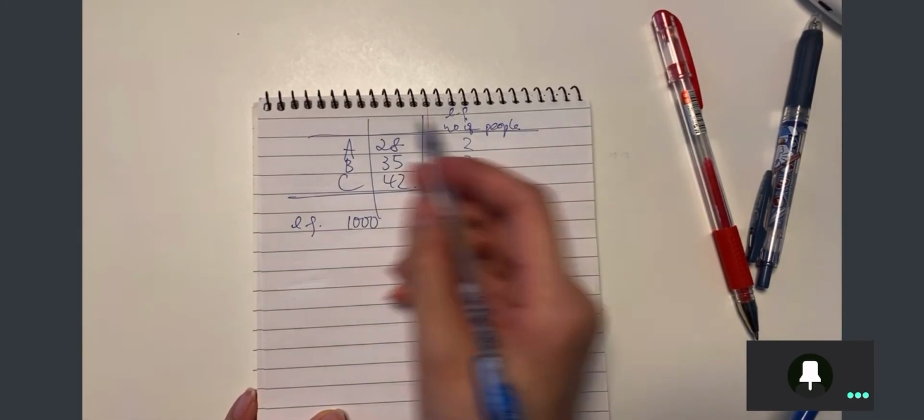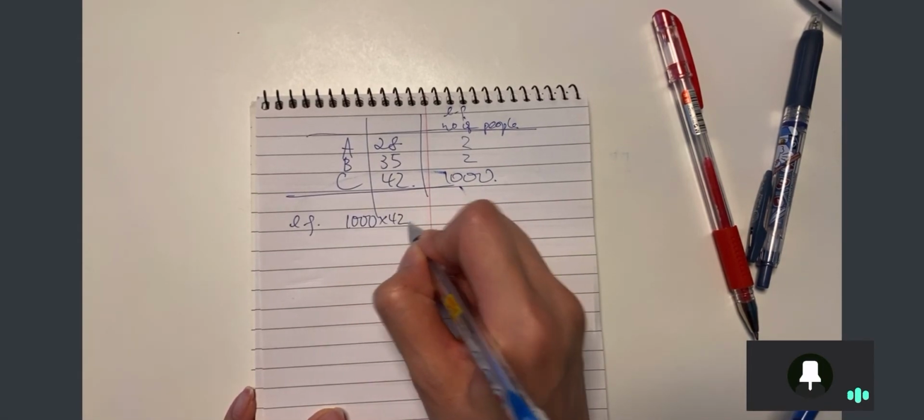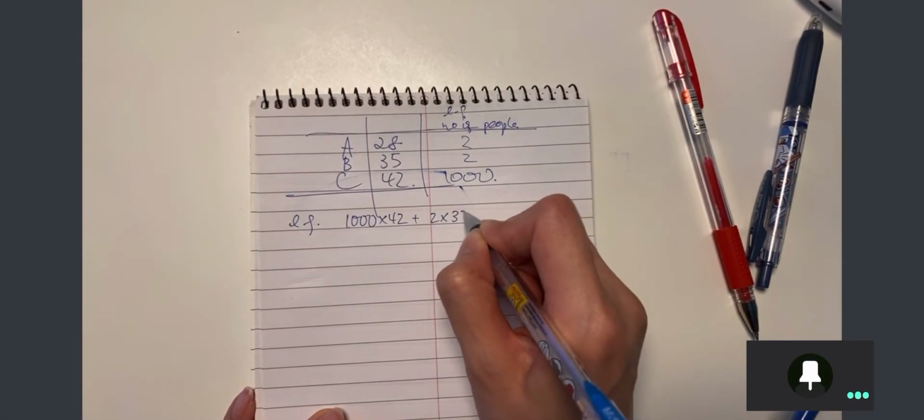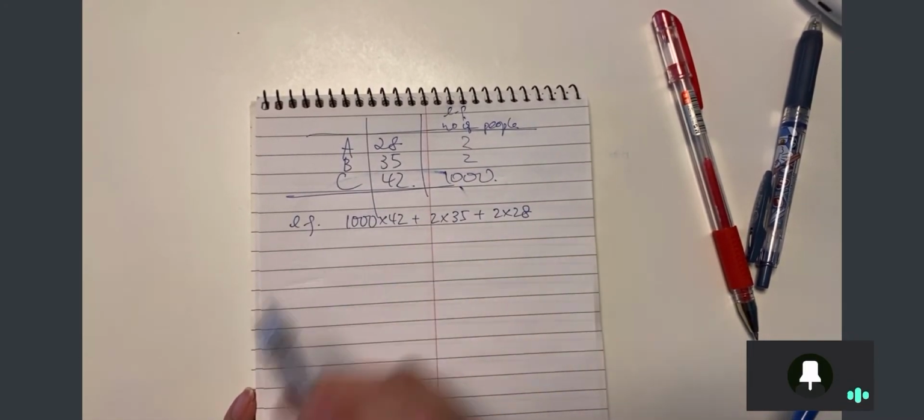So the mean age of the whole company will be 1,000 times 42 plus 2 times 35 plus 2 times 28. This is the total age of the whole company, right?